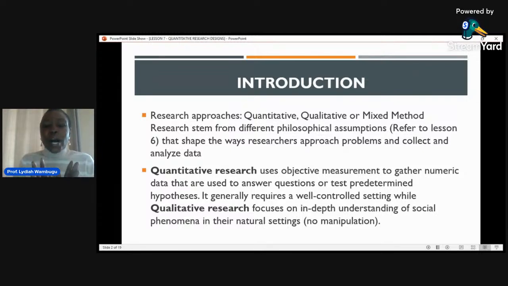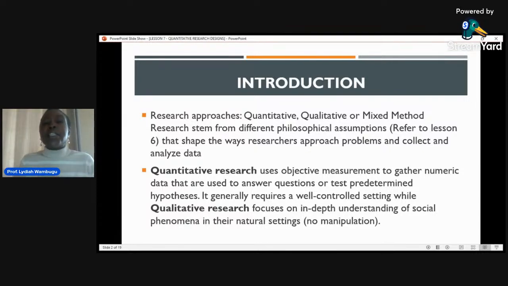So when we look at quantitative research, this one uses objective measurement. Remember when we were talking about the characteristics of positivism, because it emanates from positivism. We said positivists normally talk about objective reality, that it is independent of who is observing it. It is not like qualitative, which is subjective. I create my own world, or the way I view it may not be the same as the way you view it.